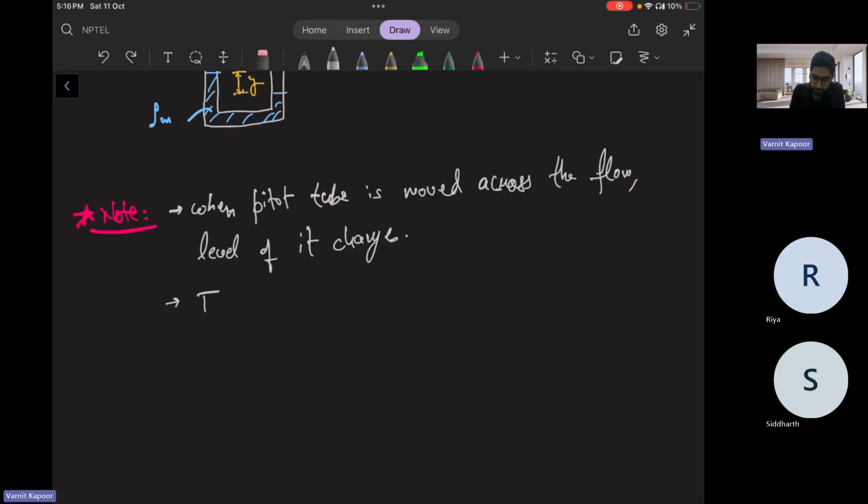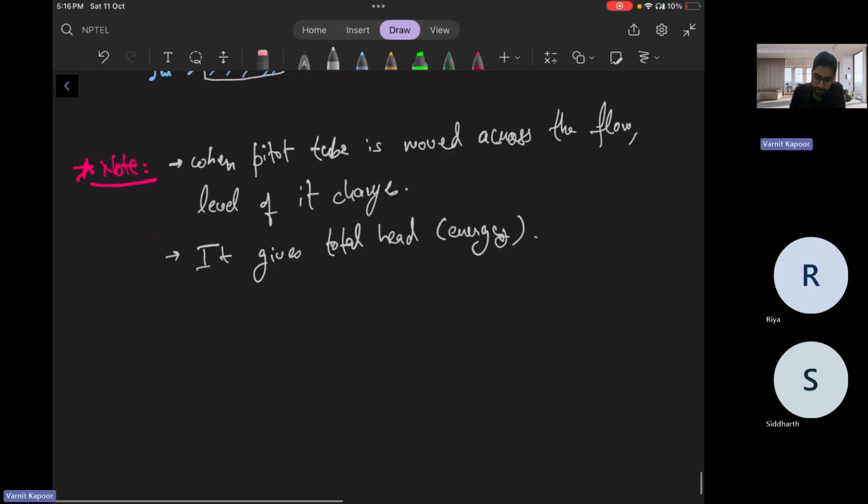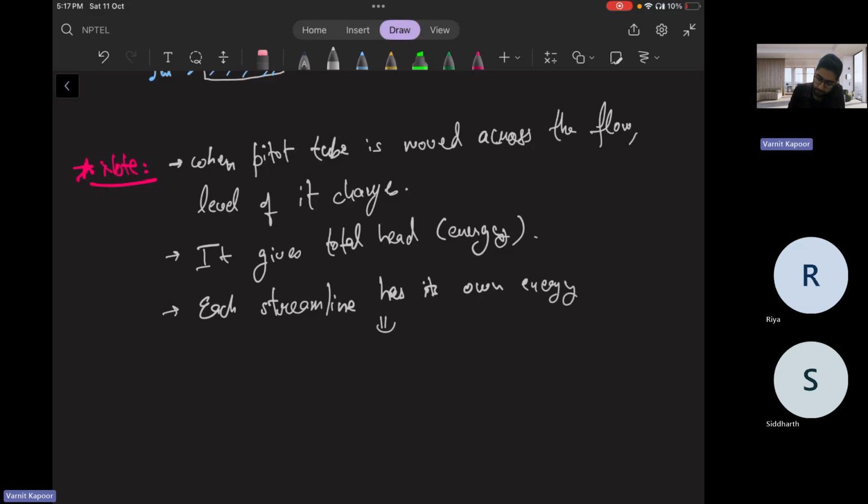It gives total head, or you can say energy also. So each streamline has its own energy or head. Therefore, this implies the flow is rotational. This implies psi1 and psi2 are different. This implies rotational flow.